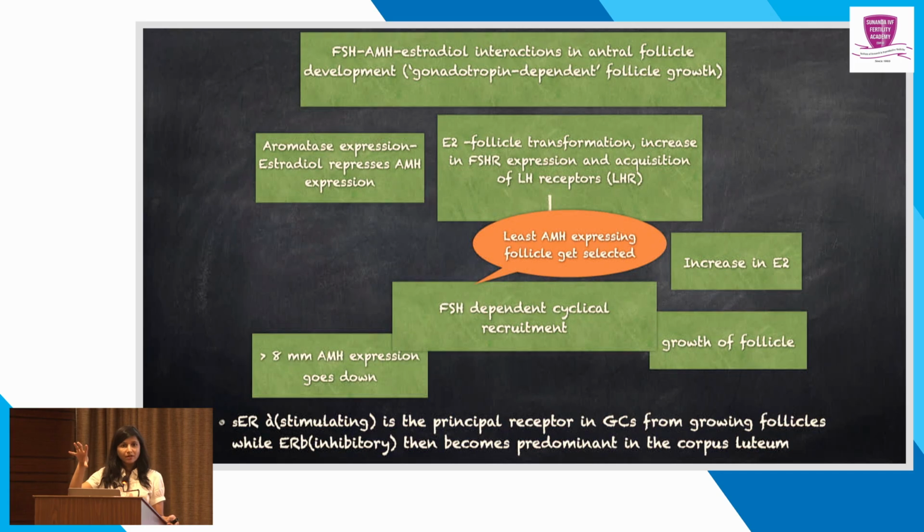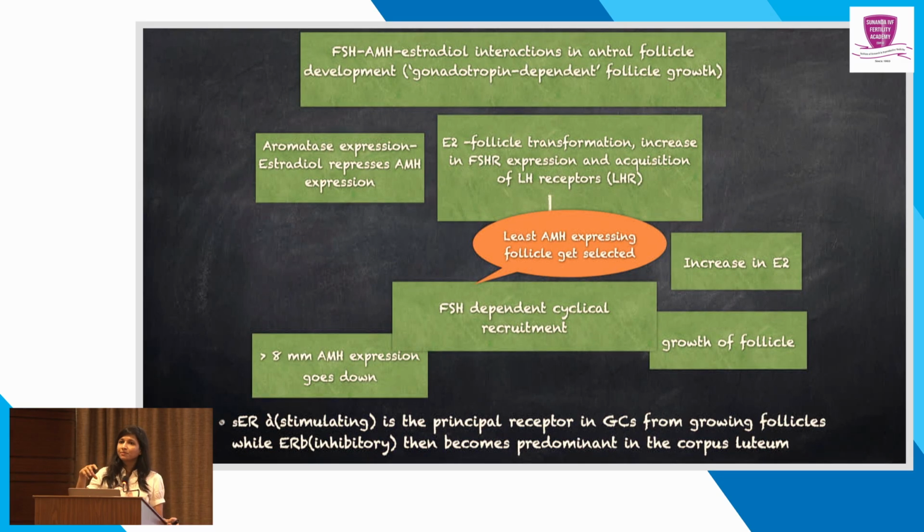So you have a follicle which was initially expressing AMH, but there is an interaction of FSH on the follicle, with an interplay of estradiol. The aromatase expression of the follicle is going to come down, and because of that this follicle will acquire LH receptor first.